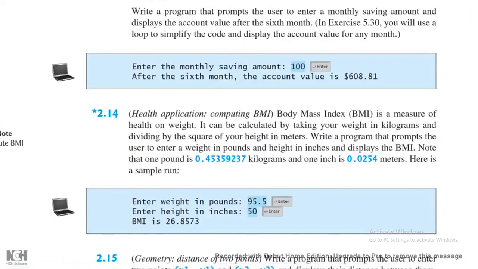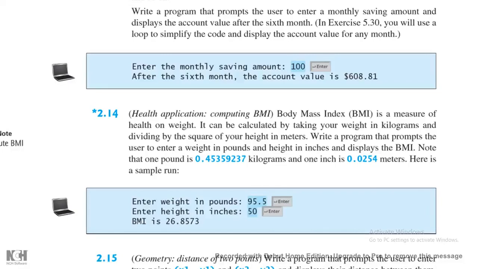computing problem. BMI is body mass index. Body mass index is a measure of health based on height. It can be calculated by taking your weight in kilograms and dividing by the square of your height in meters.